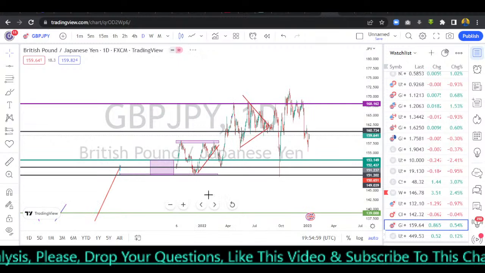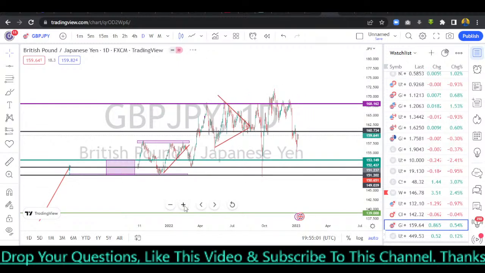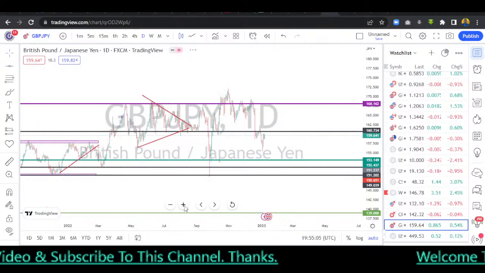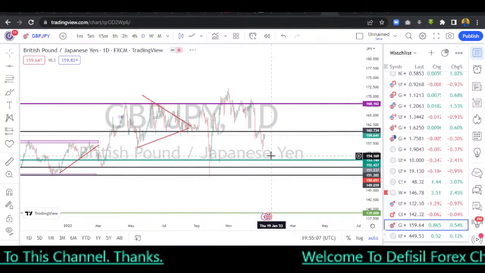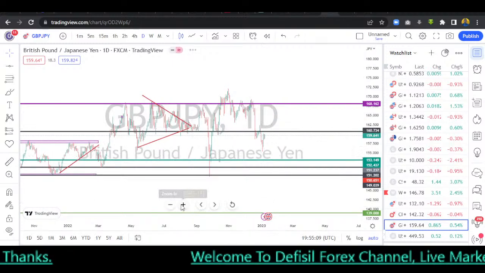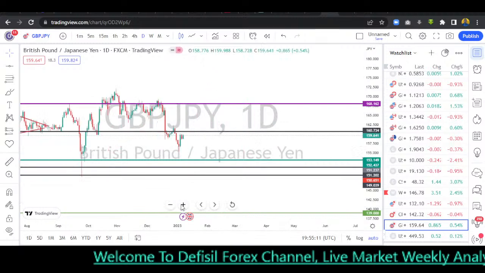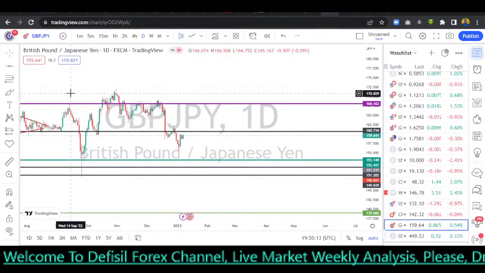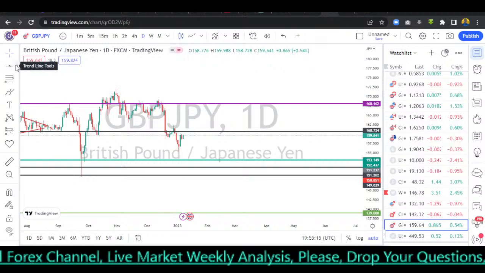Okay, on the bigger picture, we can see that GBP/JPY is in a downtrend. Let me zoom out and plug in my trend line.